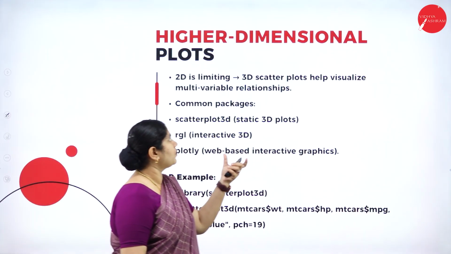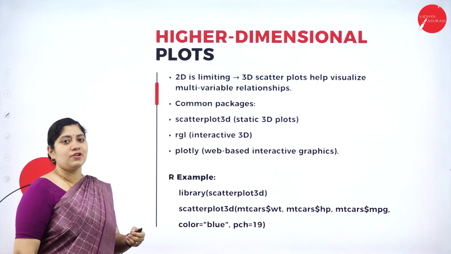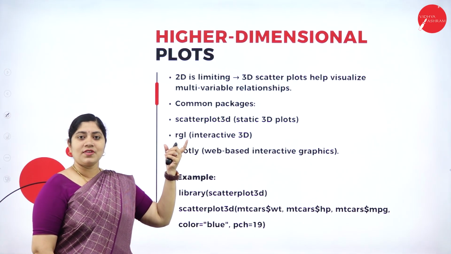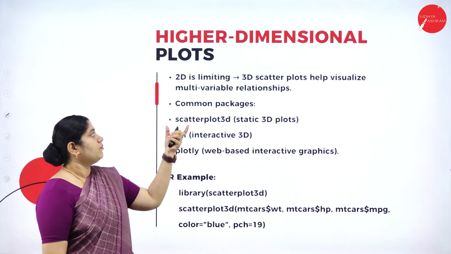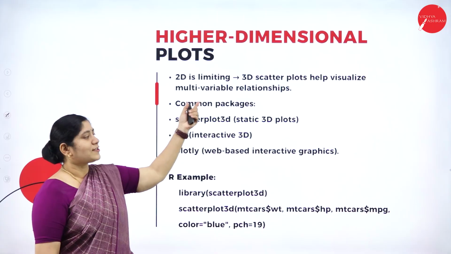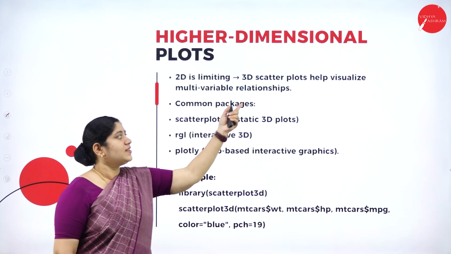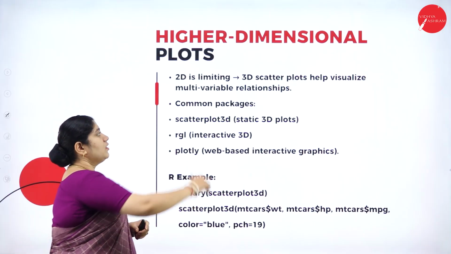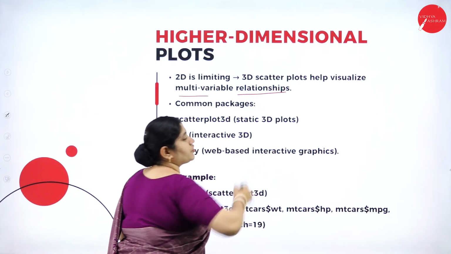Let's move forward with our higher dimensional plots. This was our interactive plots. Now heading with higher dimensional plots where we can go with 3D too. 2D is limiting, and a 3D scatter plot helps in visualizing multivariable relationships.